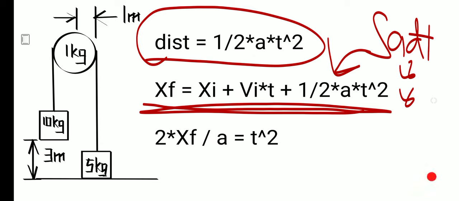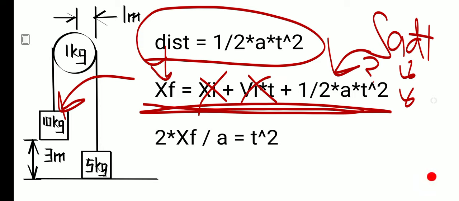But you use algebra. Your initial distance, x, is 0. Your initial velocity is 0. We're looking at this 10 kilogram block here, right? That goes out. And all you have is your acceleration. Your time is your variable. And distance is just your final x. Like x is displacement, final displacement, initial displacement, all that stuff, right?